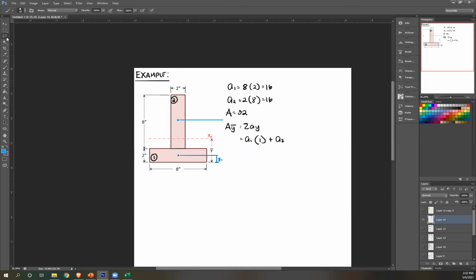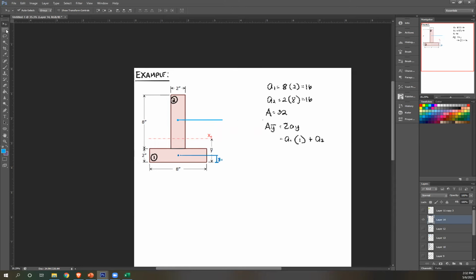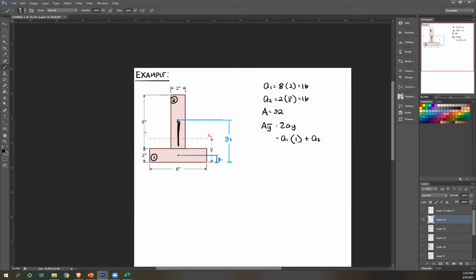Therefore, this is y2. And how do we get that? So this is half of 8, so this is 4. And plus 2, so that's 6. So y2 is equal to 6. Knowing that A is 32, please solve what's y bar.